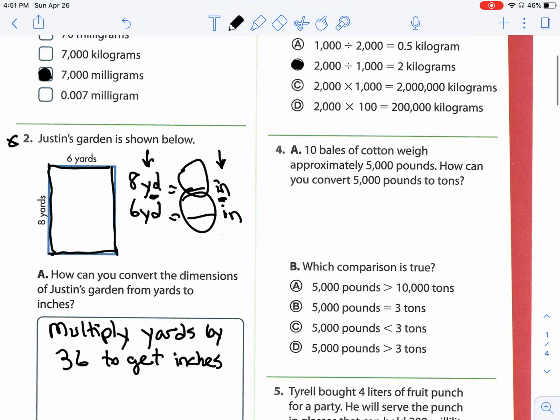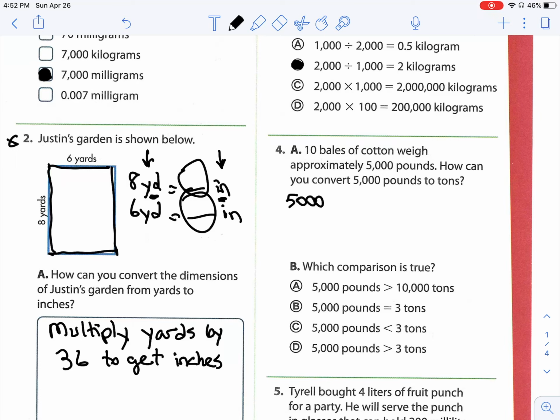Number 4, 10 bales of cotton weigh approximately 5,000 pounds. How can you convert 5,000 pounds to tons? All right, so we're talking about pounds and tons. Now we have 5,000 pounds.